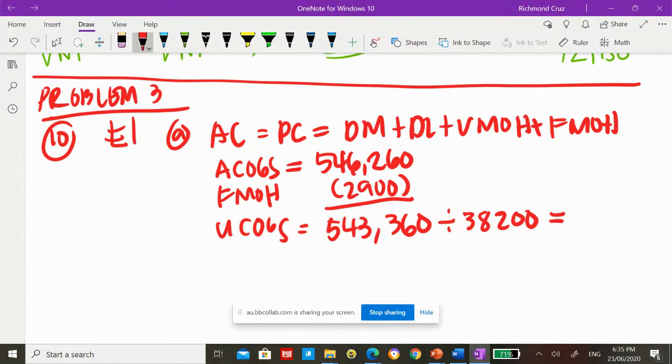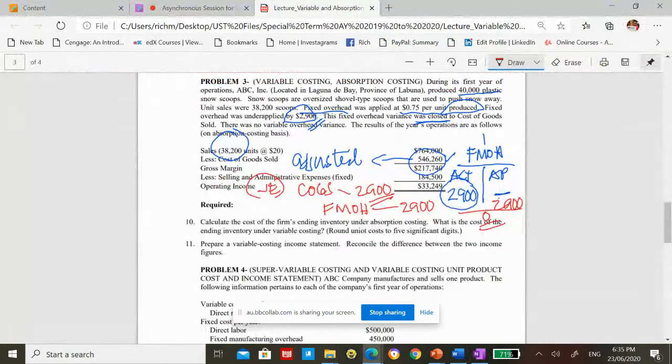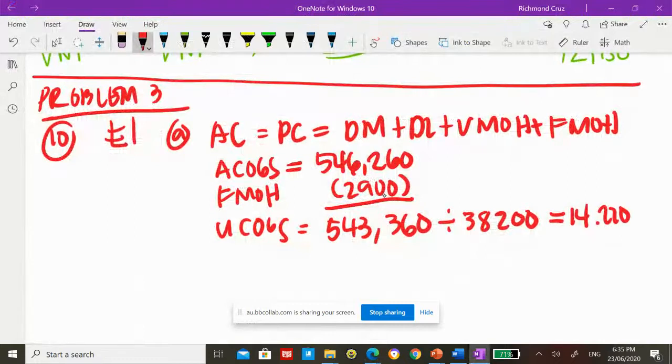So lalabas, that will give me 14.22408. Ayan. So ito yung magiging absorption costing, cost per unit natin.